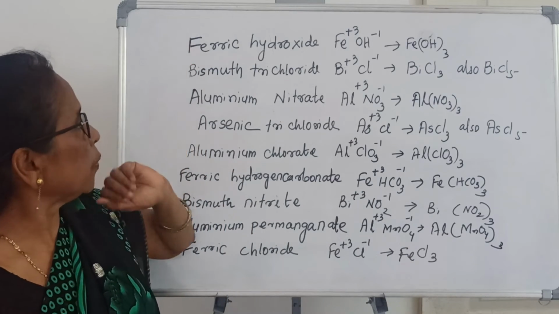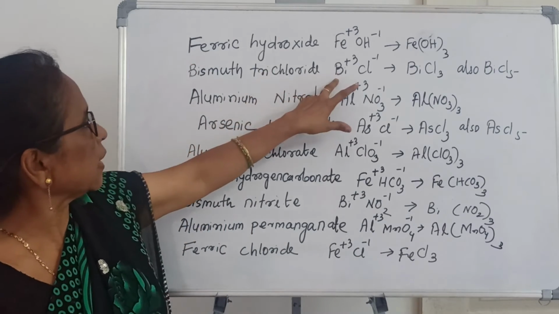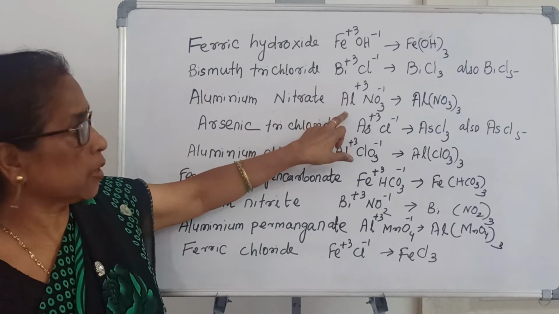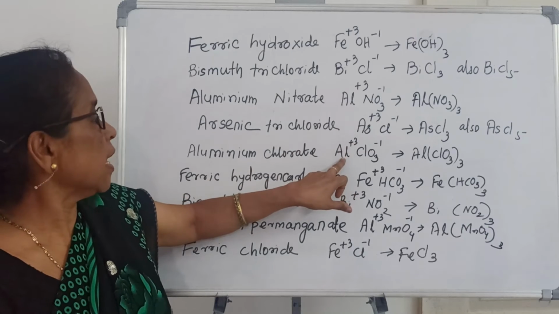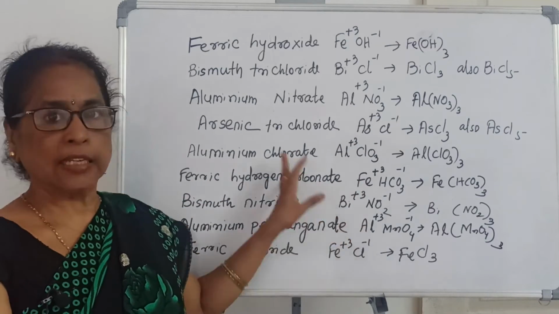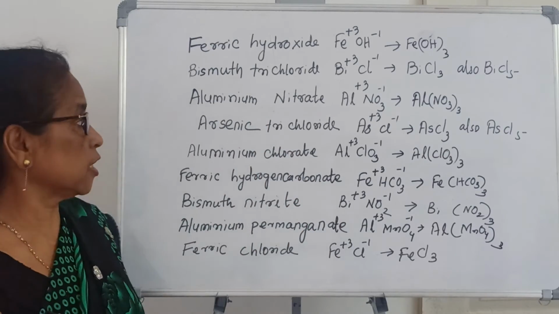Now I hope it is clear. Bismuth Bi+3, ferric Fe+3, aluminium +3, arsenic +3, like these are the metals here, which show +3 charge.